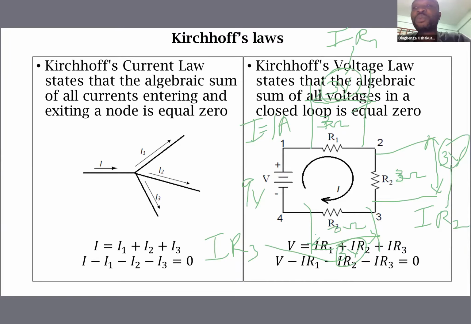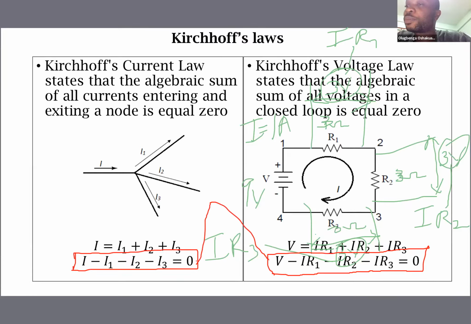In that manner, we'll be able to say that our V minus IR1 minus IR2 minus IR3 equals 0. So these are the two beautiful laws from Kirchhoff that will save us from a whole lot of embarrassments very soon.